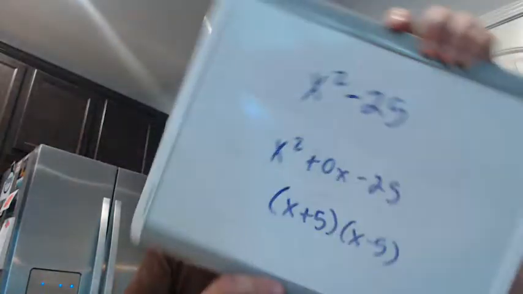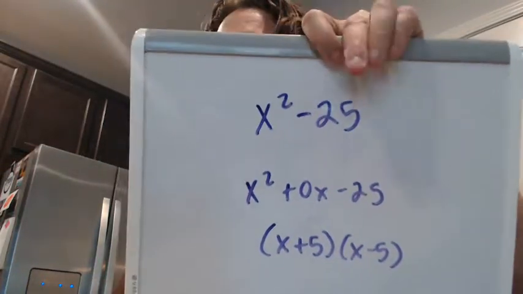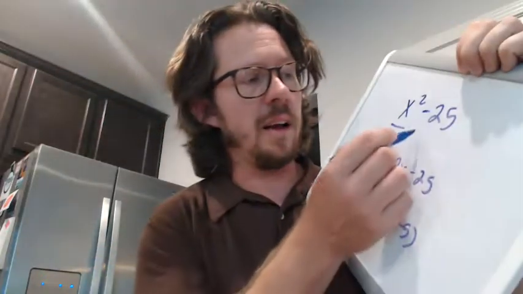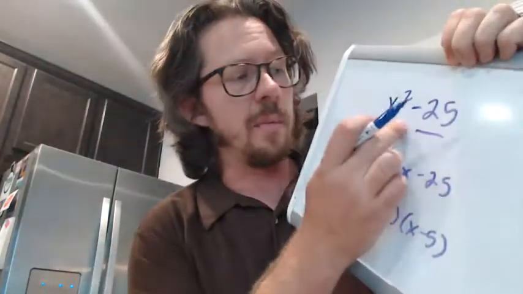Well, there's a special name for this, okay? There's a special name for this when you have something being squared here and something being squared here with a minus in the middle. It's called a difference of squares.